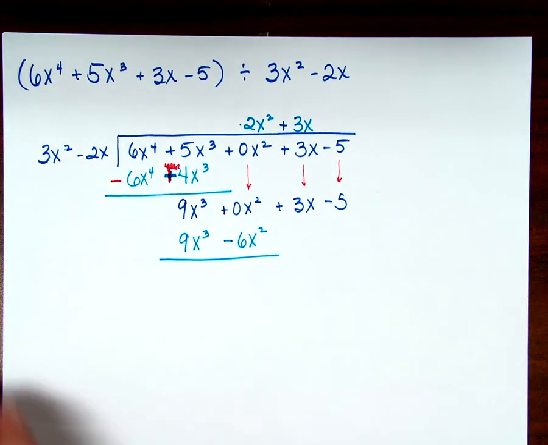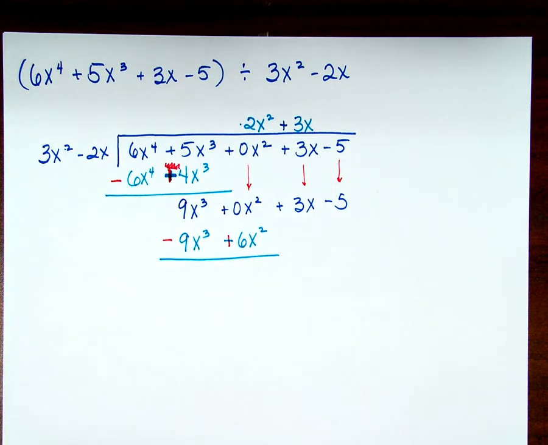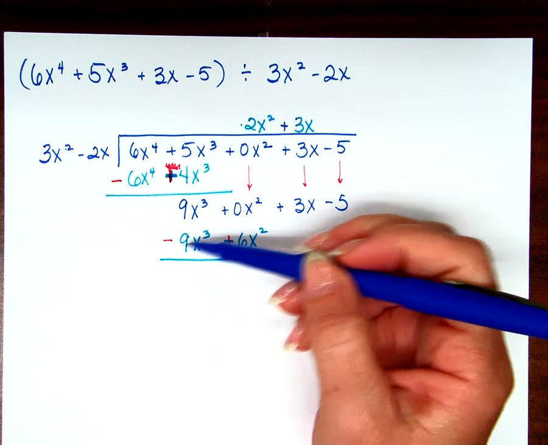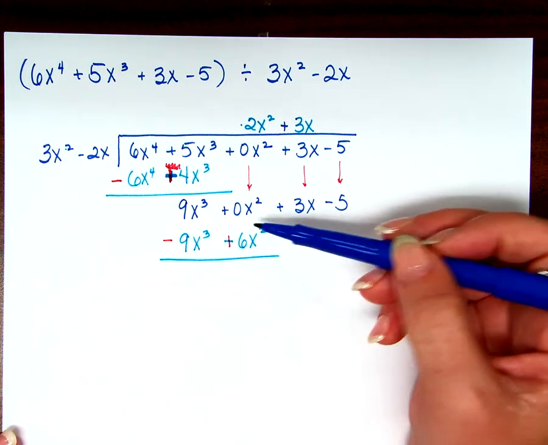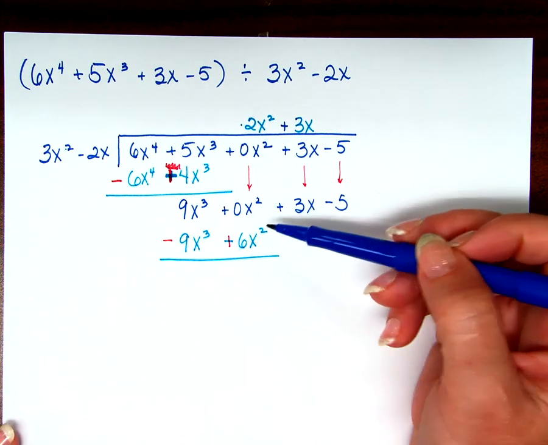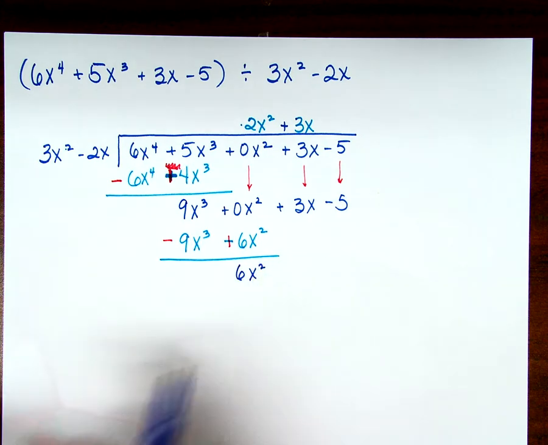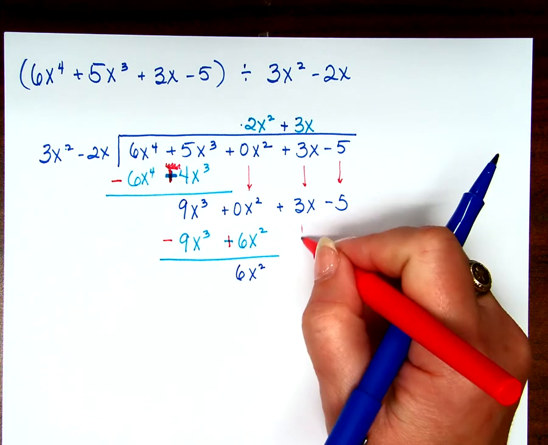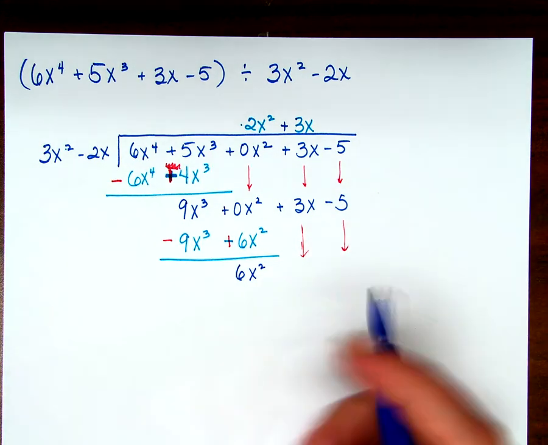Now what? I subtract. I need to make sure I'm subtracting both terms. So 9x to the 3rd minus 9x to the 3rd. That's 0. 0x squared and 6x squared. 6x squared. Bring down the next terms.